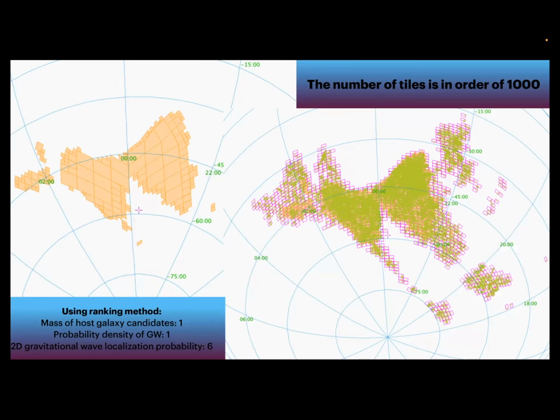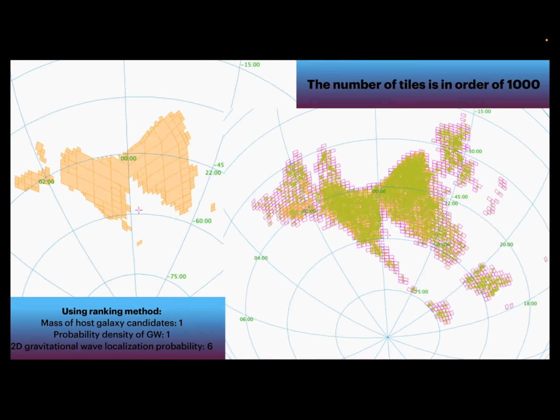But if we start observation based on the ranked tiles, based on the ranking methods, we can catch the tile that contains the electromagnetic counterpart of the gravitational wave at the first tile.